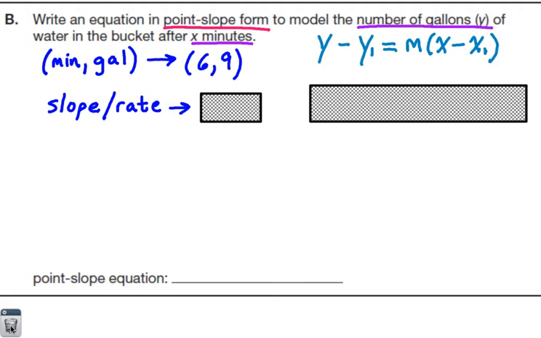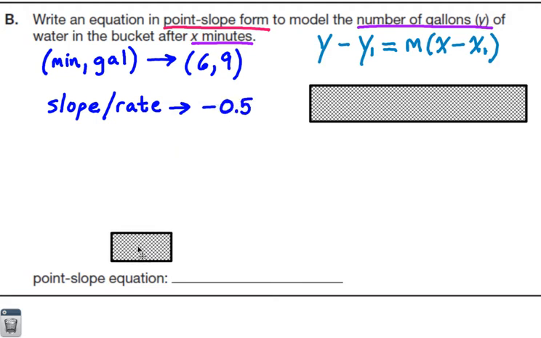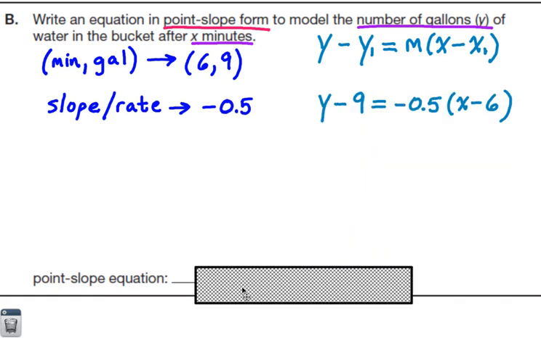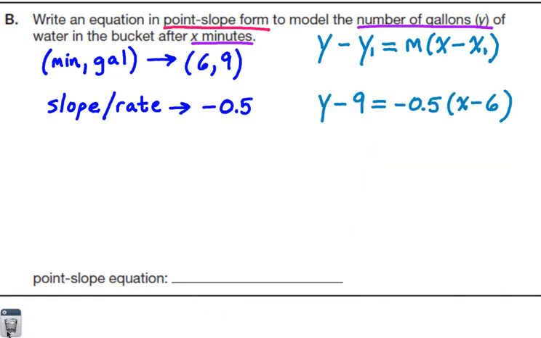I want you to realize we're losing, so it's like we're going down half a gallon every minute, which means that your slope, your rate, is going to be negative 0.5 over 1, or just negative 0.5. And then from there, now that we have a point to plug in for our x1, y1, and we have a slope or a rate to plug in for our m, that's really all we need to do.